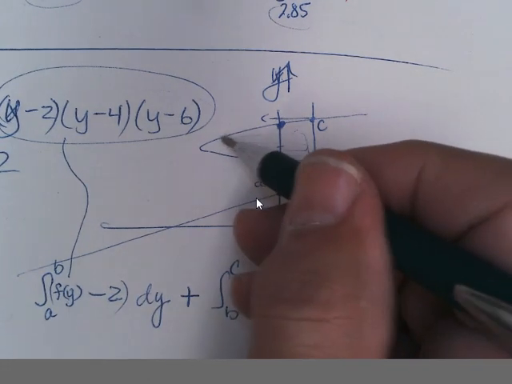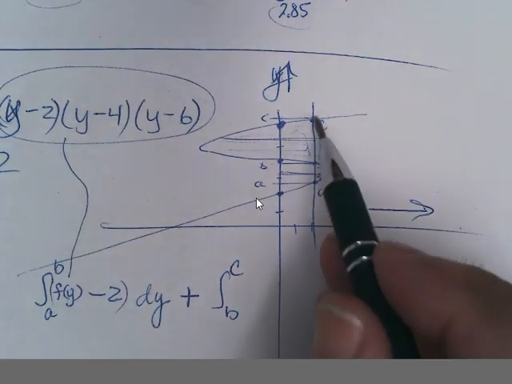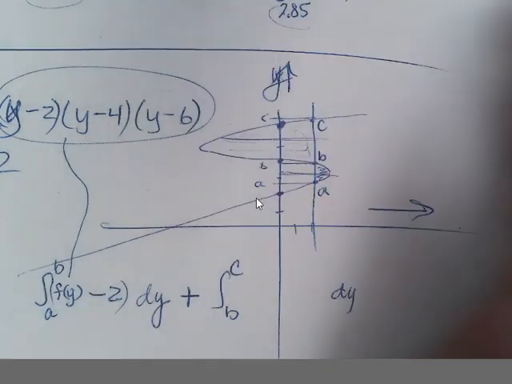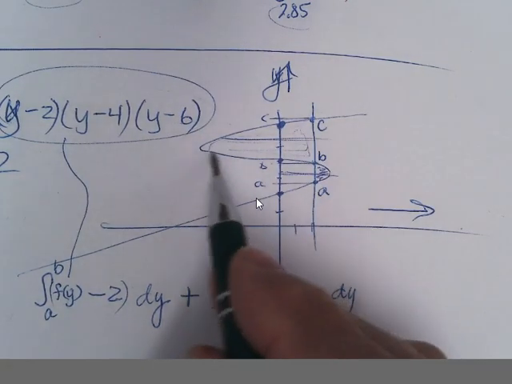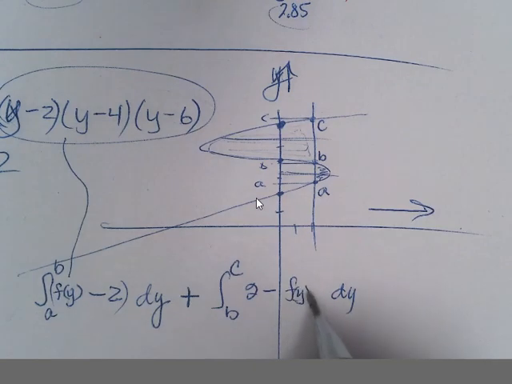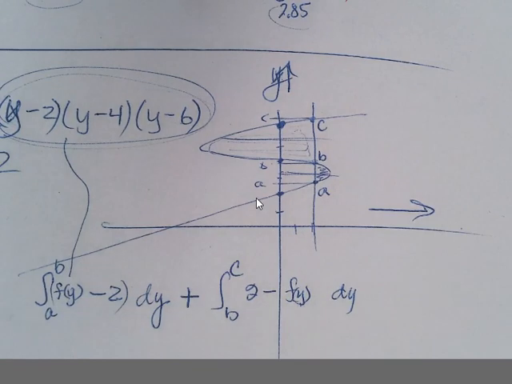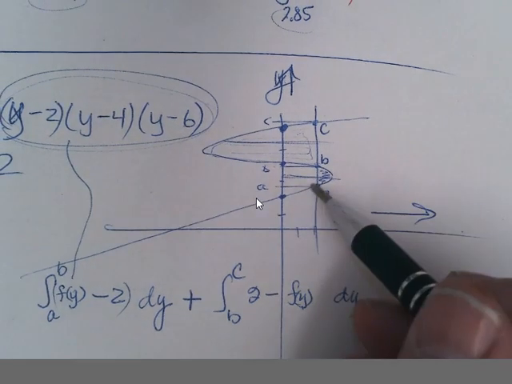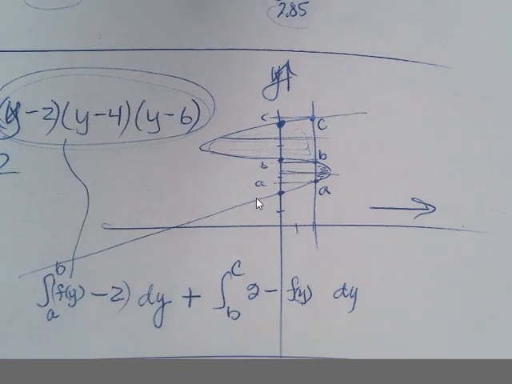So they're going to be dy, and this time the one that's more positive is the 2 minus what this curve is, and that's f of y, or all of this. And you could type this into your calculator and get it. And you can find these intersection points by doing it on Desmos. Okay? So that's doing things sideways.